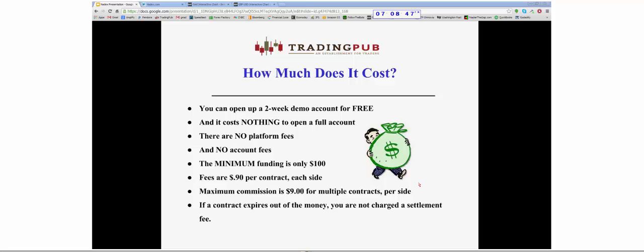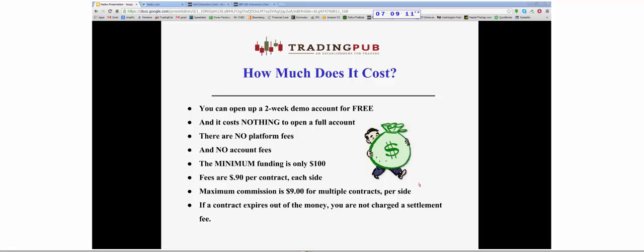The transaction fees are 90 cents per contract each side. So if you trade one contract successfully, you'd have 90 cents to open the trade, and if you come into the money, there would be another 90 cents to settle the trade. The maximum fees are $9 per side for multiple contracts, and that's 10 contracts.